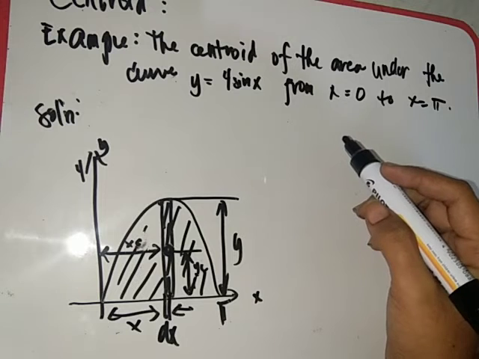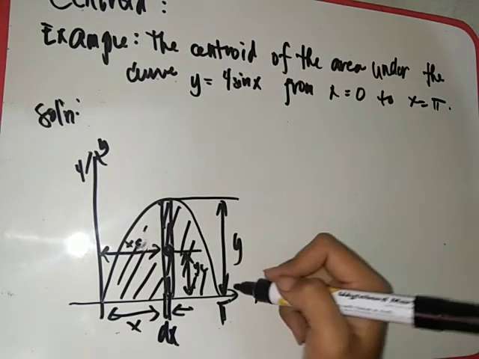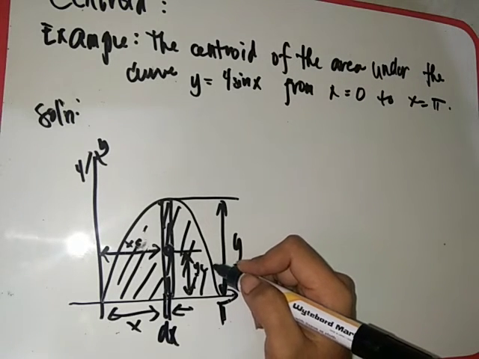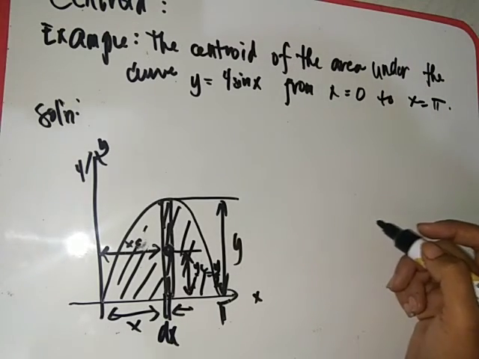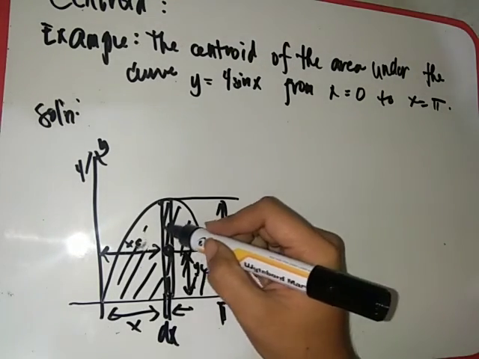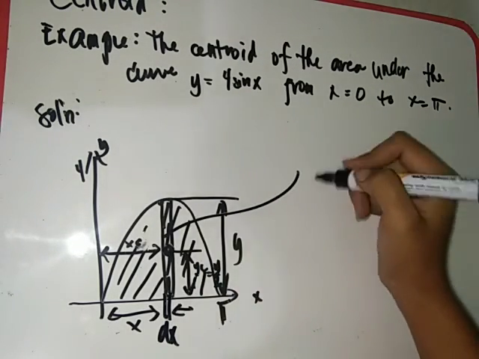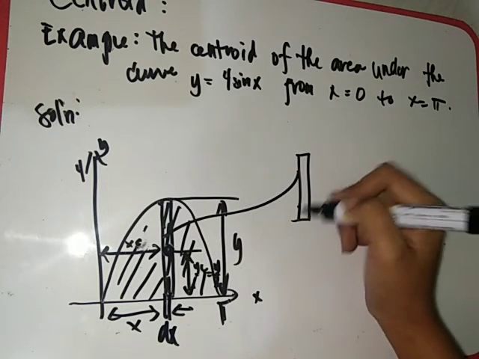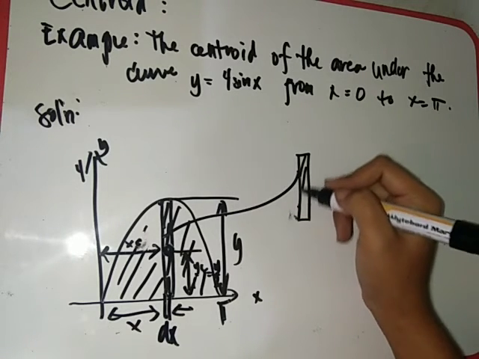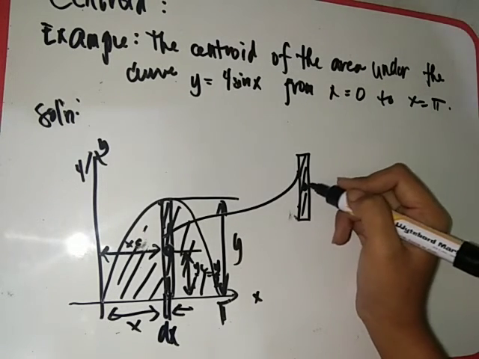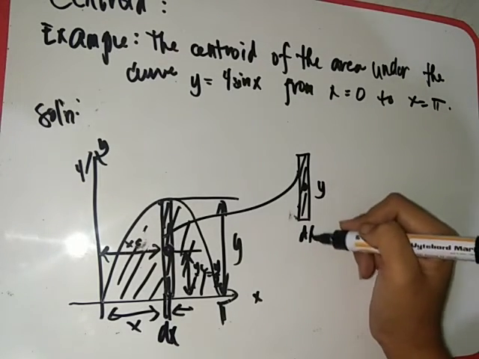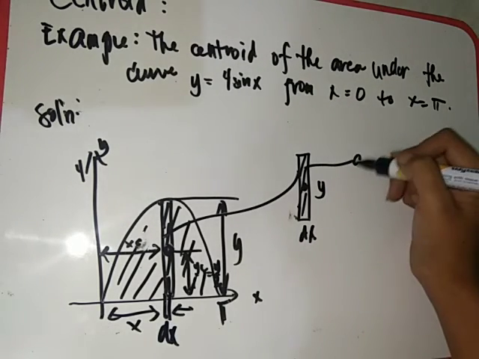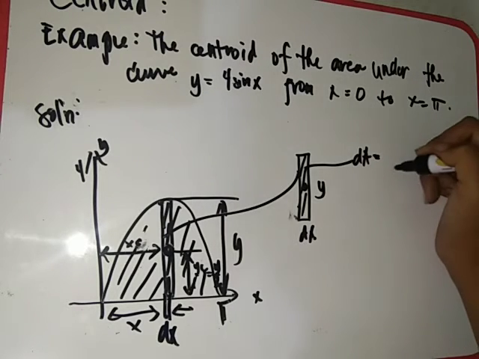So YC is equal to y half. If you remove this, this is the centroid, y dx. So the area is equal to y dx.